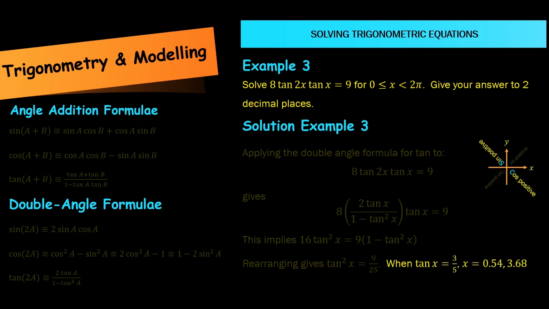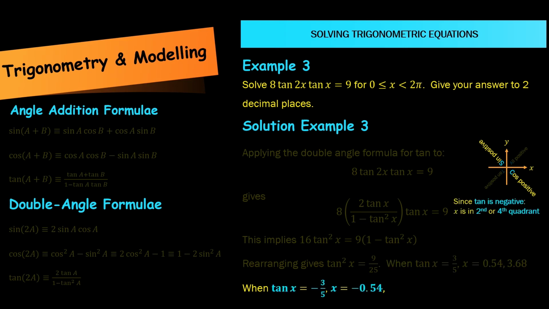When tan x equals minus 3 over 5, clearly tan is negative, and therefore it's either in the second or the fourth quadrants. In order to find the value in the second quadrant, we add pi. And in order to find the value in the fourth quadrant, we add 2 pi.